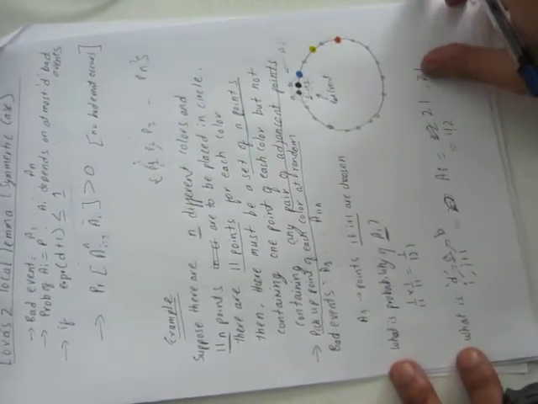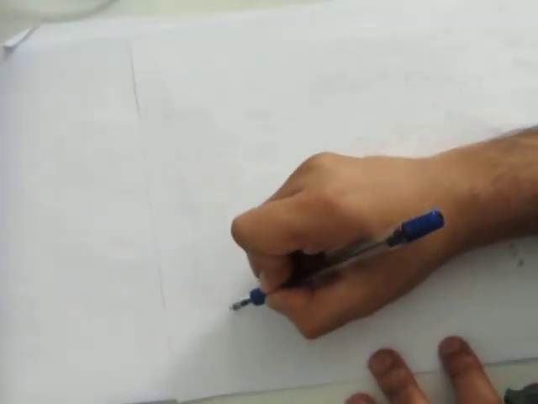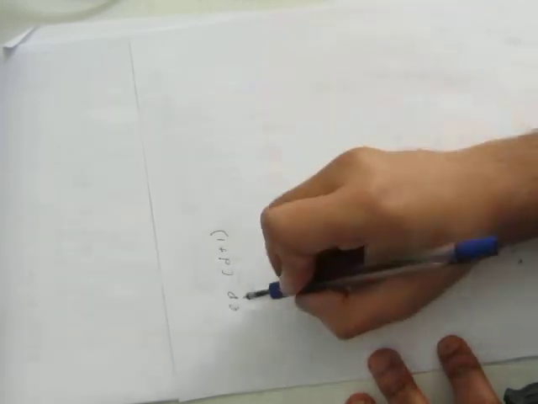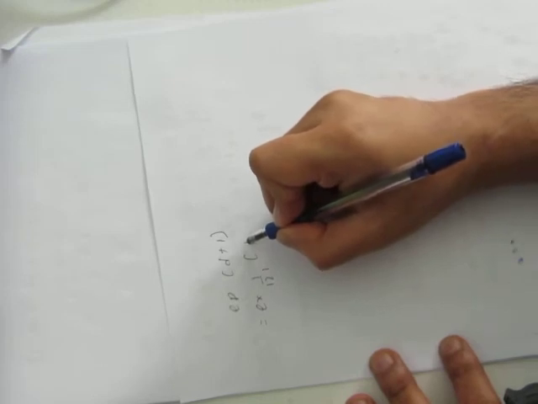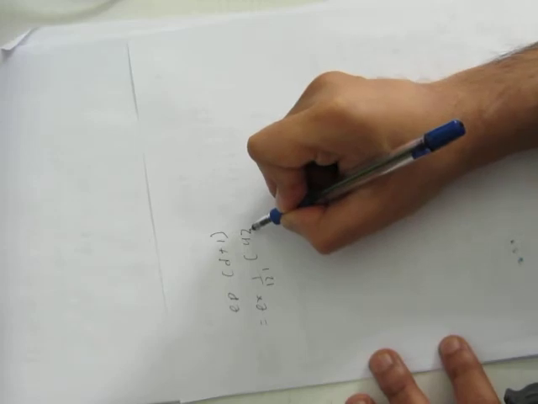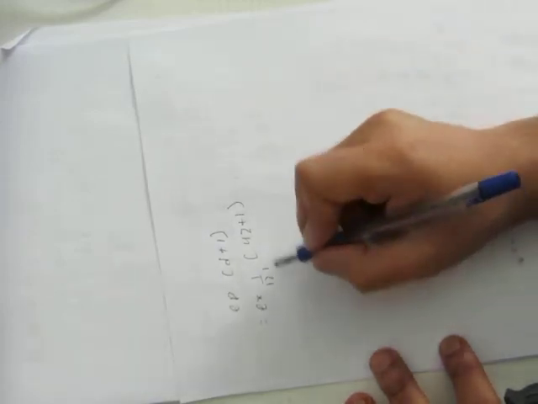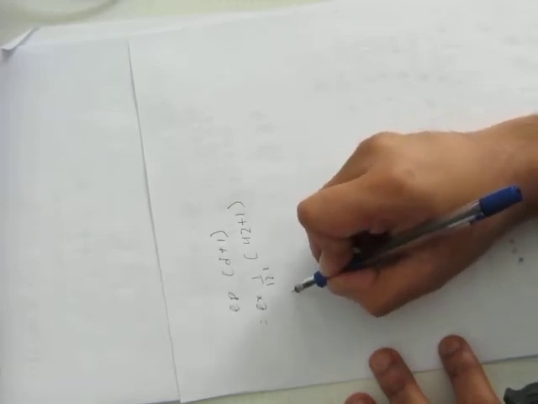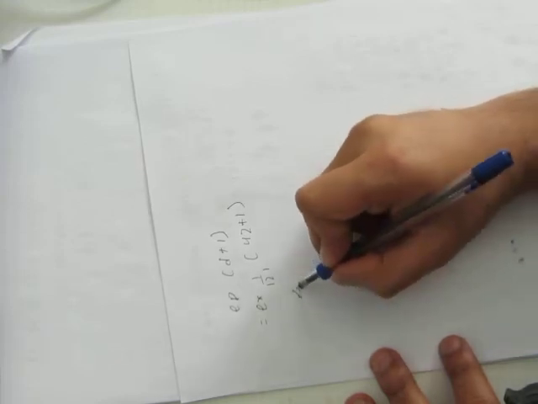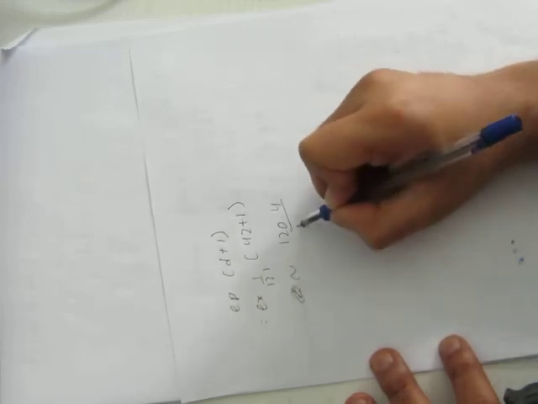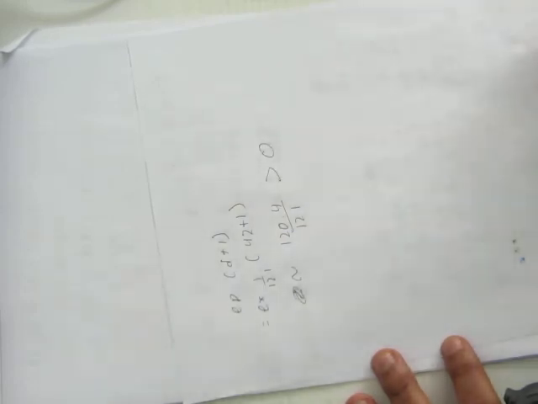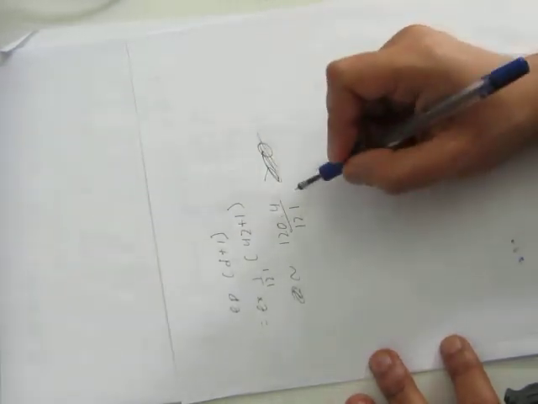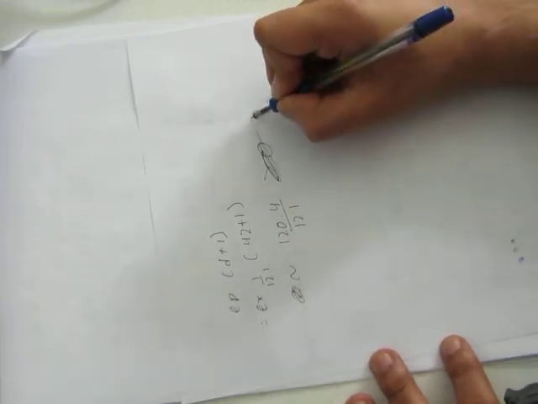The expression is e p (d plus 1), which gives e times p, which is 1 by 121, and d is 42 plus 1, and it roughly gives some value, equal to 0.4 by 1 to 1. Sorry, this is somewhat smaller than 1.